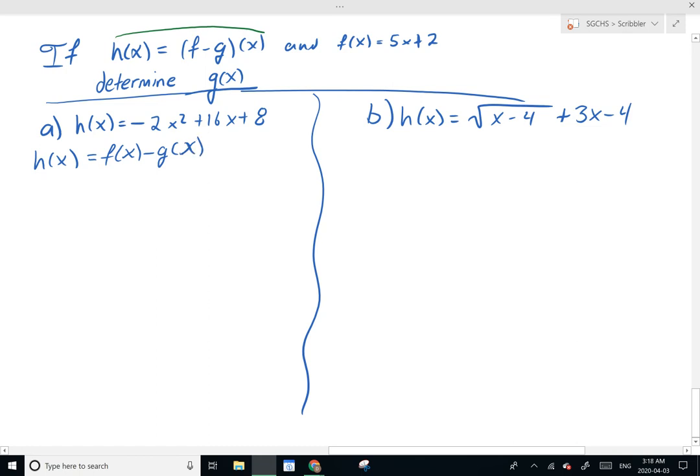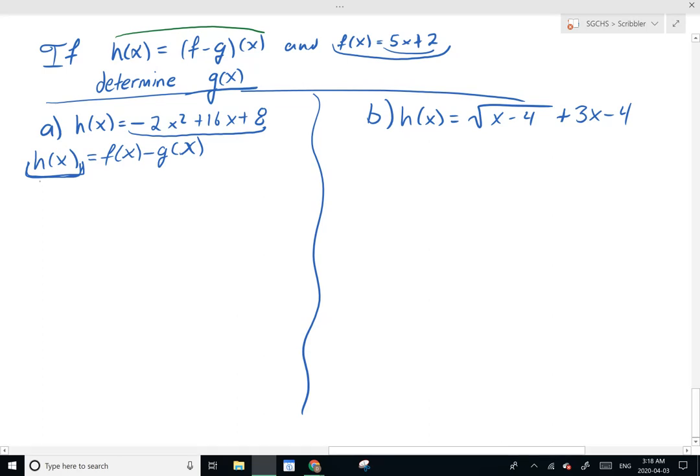Now a way we can go about solving this is we are given h of x. Sometimes you might just be able to visually see and know the answer immediately, but for more difficult questions, it's usually better to just substitute h of x for the equation that it is, substitute your known function with that equation, and then solve for the function you're looking for, in this case g of x.